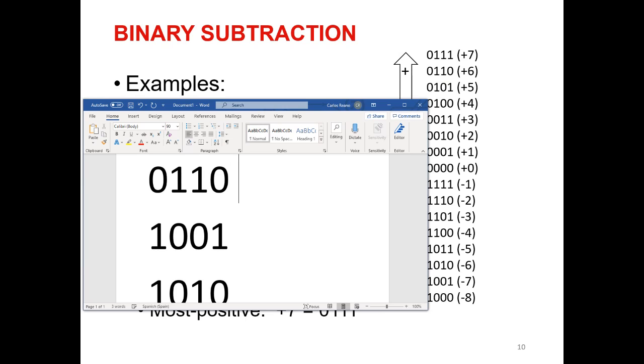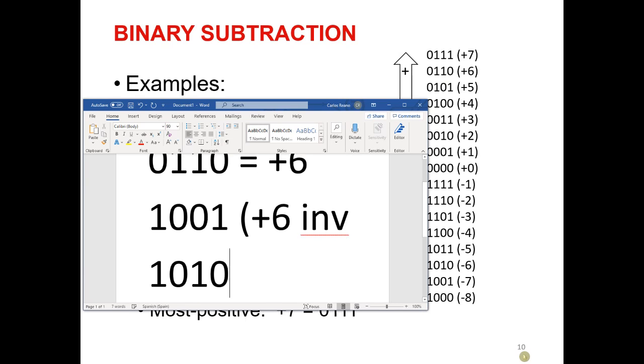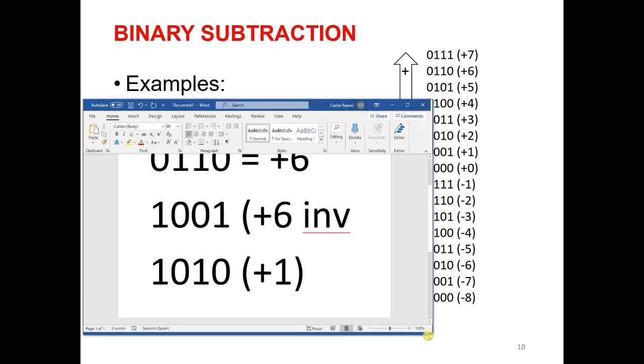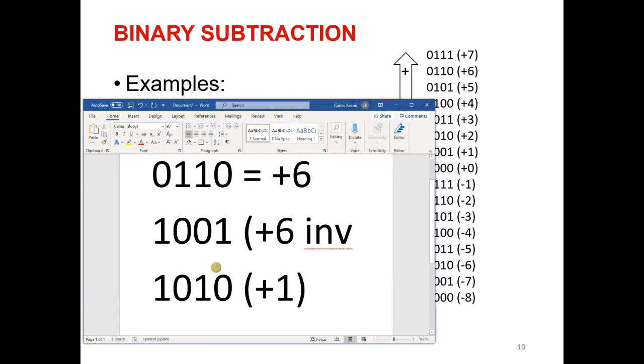So this is plus 6, this is inverting the bits, and this is adding 1 to the previous. And this is what we call two's complement.